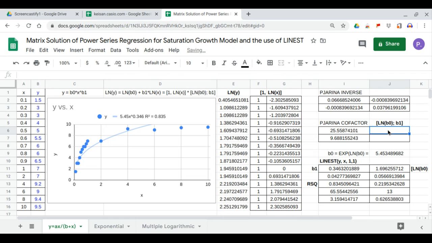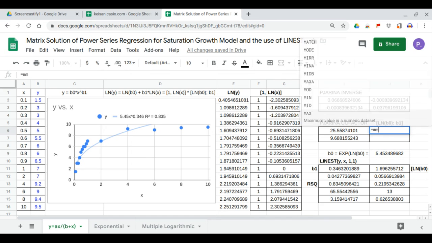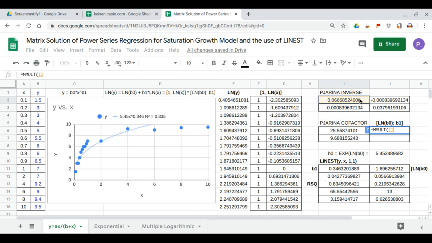Now we can calculate the coefficients, which is M mult of the pseudo-inverse and the pseudo-inverse cofactor. So we have 1.696, which matches our LINEST output, and 0.3463 matches also our LINEST output.